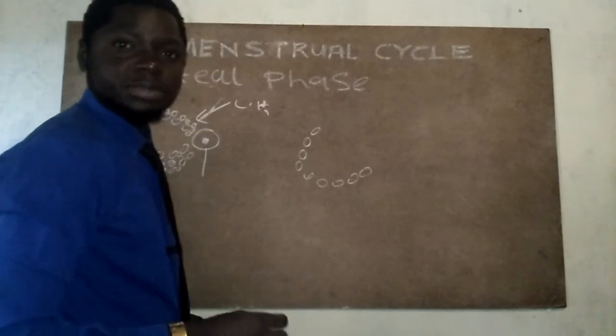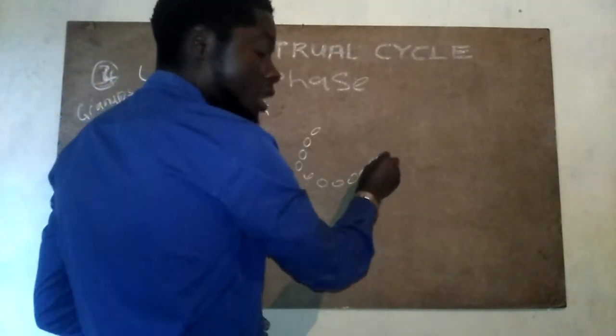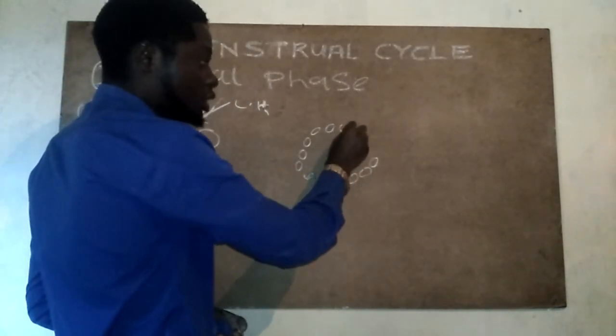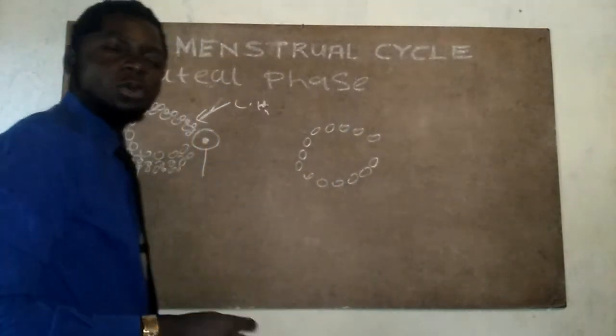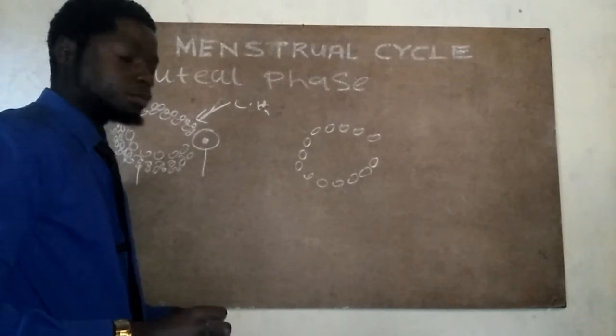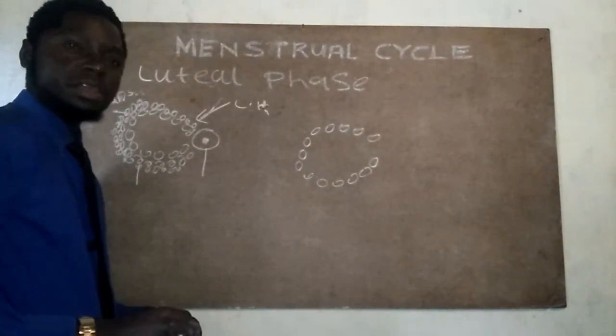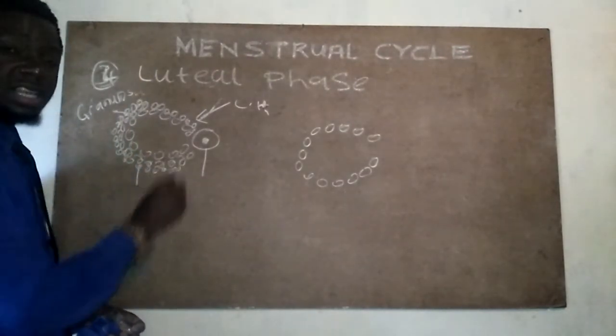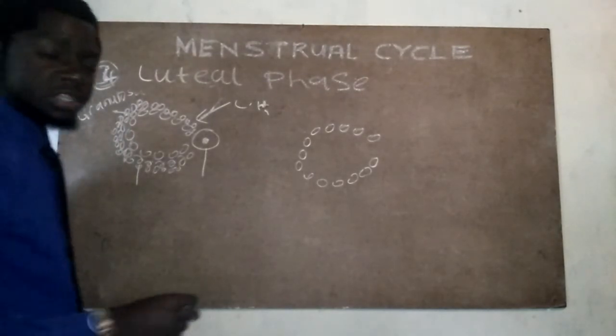After the ovum has been released, this will change its nature from the mature Graafian follicle to the corpus luteum.